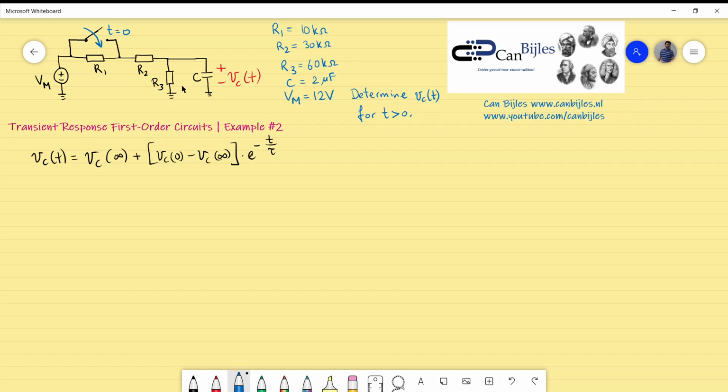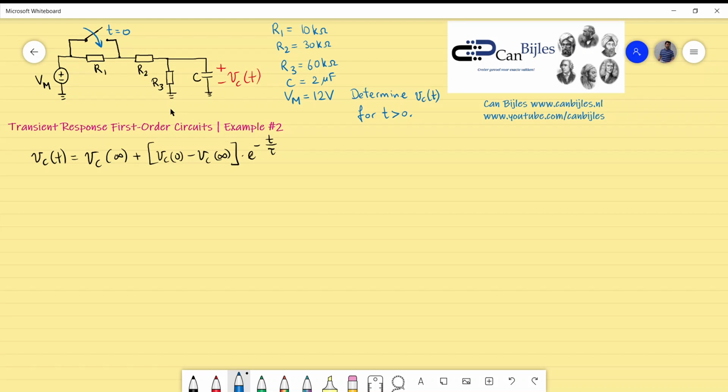That is actually the capacitor voltage will be the voltage across R3. So if you want to know the initial capacitor voltage, you can calculate the open circuit voltage of the capacitor, or the resistor voltage of R3.